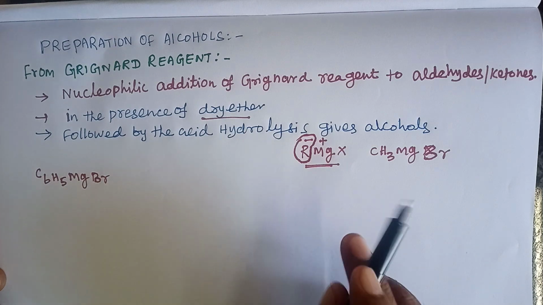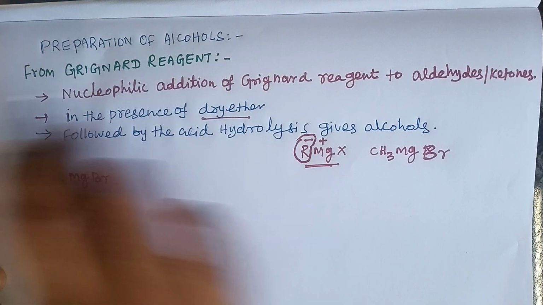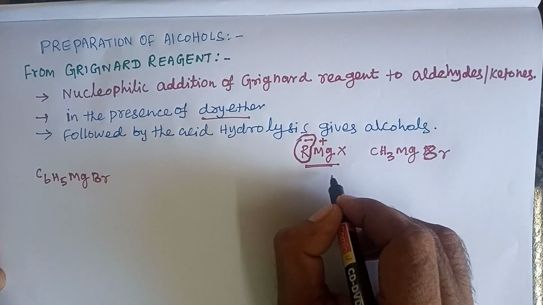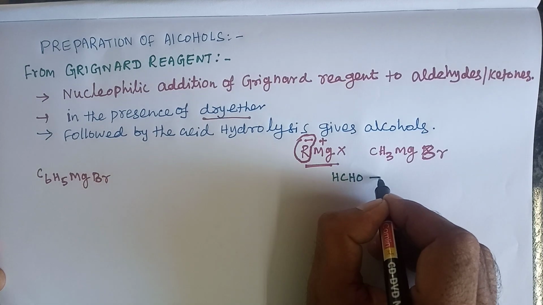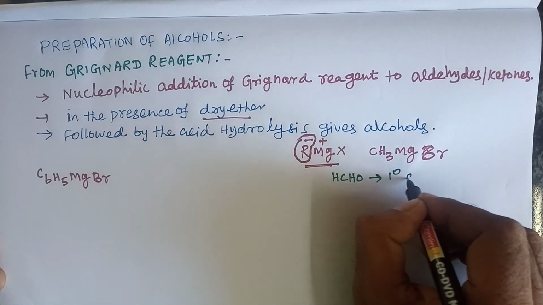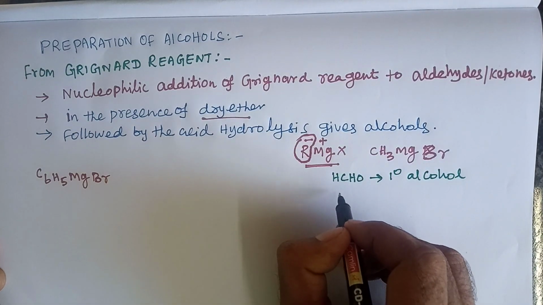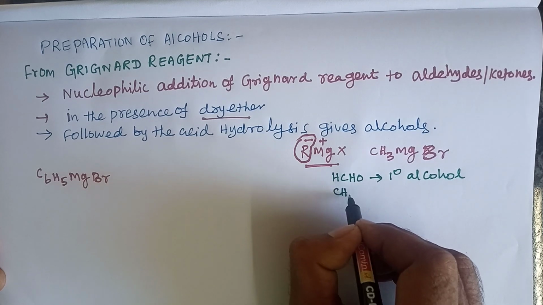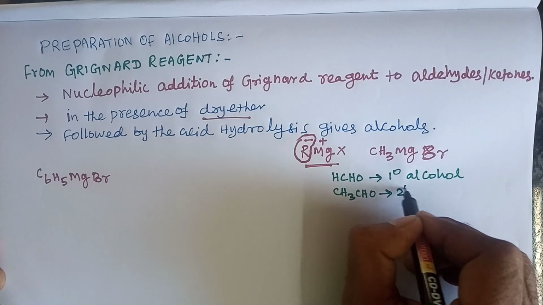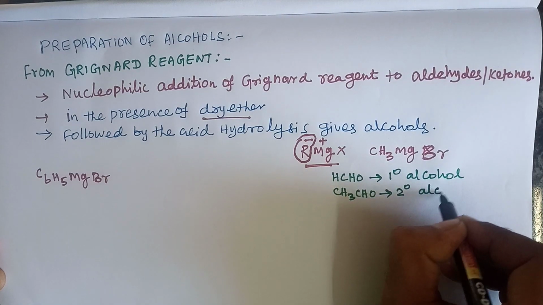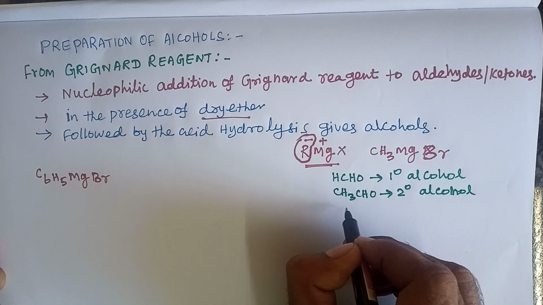In these reactions, if we use formaldehyde, it gives primary alcohols. If you use other aldehydes like acetaldehyde, it gives secondary alcohols. If you use ketone, it gives tertiary alcohols.